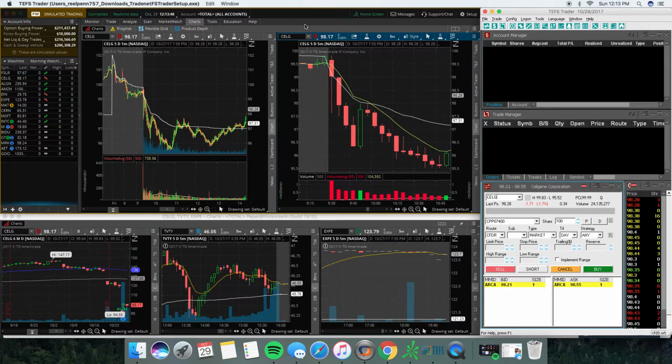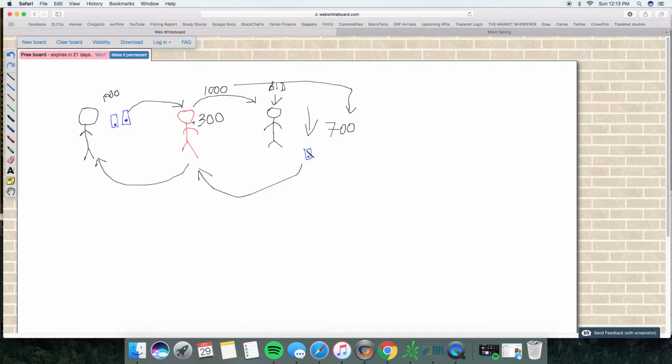Okay, now the next thing that I want to cover is what if it goes the opposite way? So now let's just say that instead of the phone price going down, the phone price actually went up. So instead of $700, the price actually goes up to $1,200.